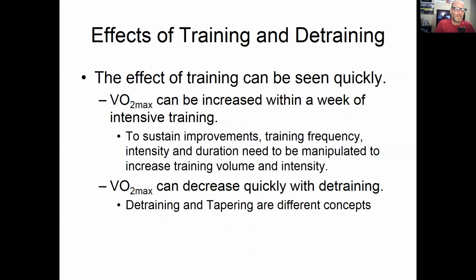But tapering is a process that we use in endurance events and sprints as well to prepare the person best for competition on race day. Detraining is where you are losing fitness at a rapid rate. And detraining studies are done by taking subjects and putting them in bed, and then they start testing the subjects after different periods of bed rest.